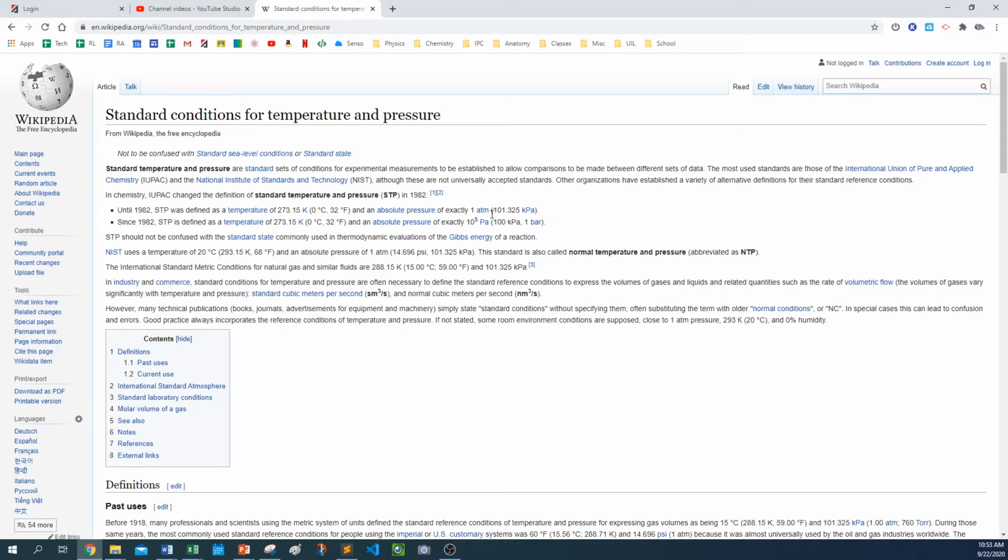Because in this class, 1 atmosphere is the pressure of a room. 100 kilopascal is slightly below atmospheric pressure. And on a high school level, it's easier to teach students atmospheres because atmospheres are easier to work with. In college chemistry, they will tell you it's equal to 10 to the 5th pascals. They work in pascals. Or you can condense that into kilopascals. Yes, 1 bar is equal to 10 to the 5th pascals.